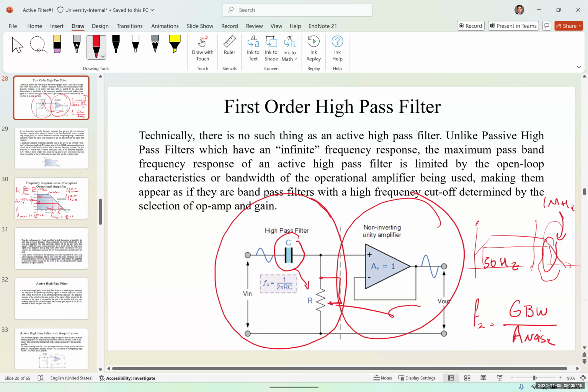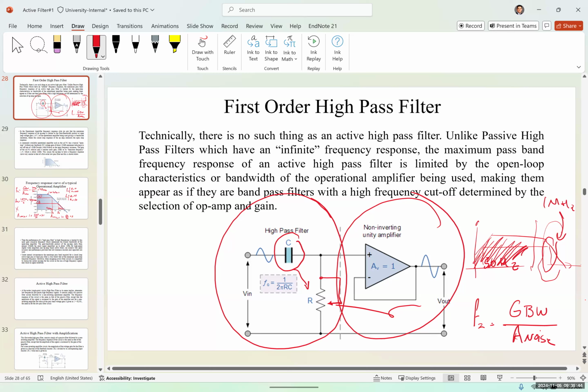So you're going to be in the safe zone. So in theory, this would act like a high pass filter. Again, when you are designing an active high pass filter, the upper cutoff frequency of the op amp should be so high that the input frequency never reaches that point.